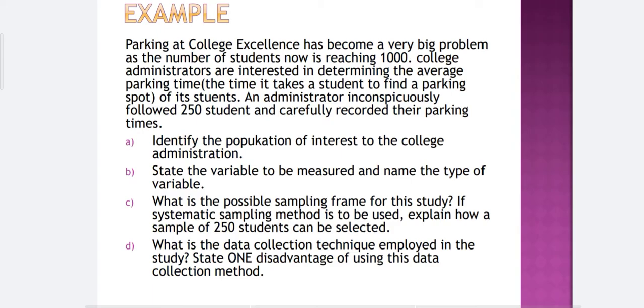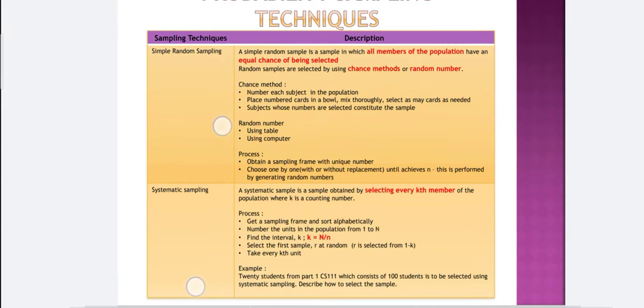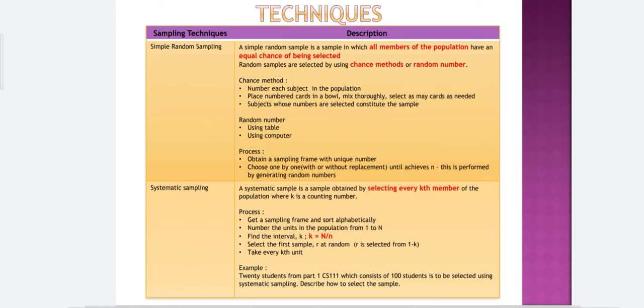Systematic sampling also has its advantages and disadvantages. Okay, later when you get the manual you can read, but I will briefly explain a little bit. Systematic sampling is easy to use if the population frames are available.